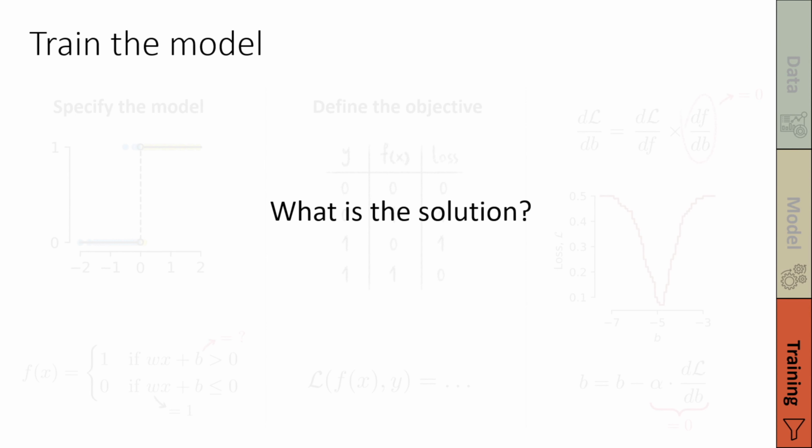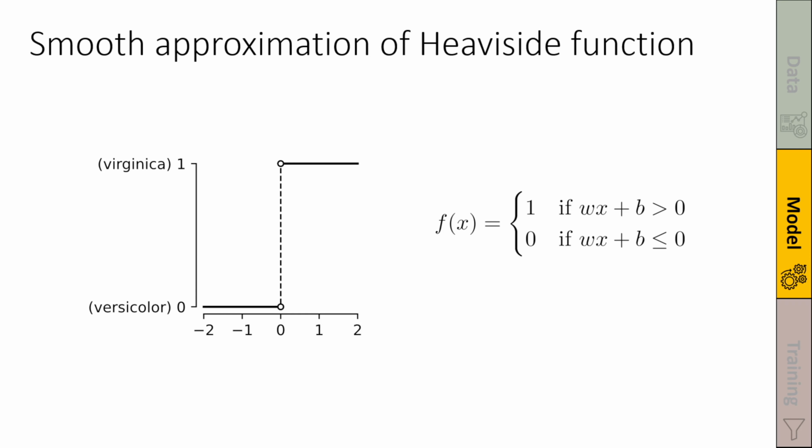Now that we identified the problem, what is the solution? So we know that the problem is actually with the model. Because it's a step function and has constant outputs, its derivative would be 0. So the solution is to replace it with a function that does not have constant output, but at the same time, we want it to look similar to the step function.